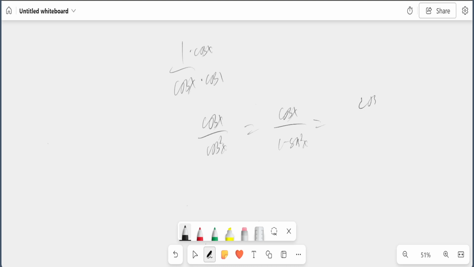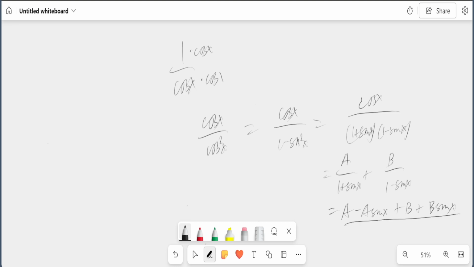Wait, even if you do this, it'll be A over 1 plus sine x, plus B over 1 minus sine x, so A minus A sine x plus B plus B sine x is equal to cosine x.